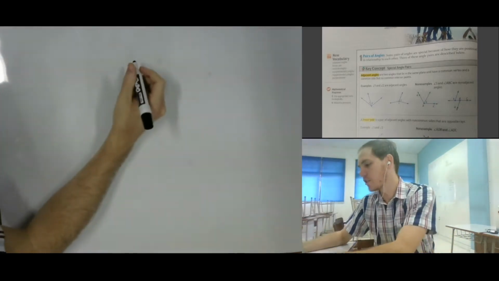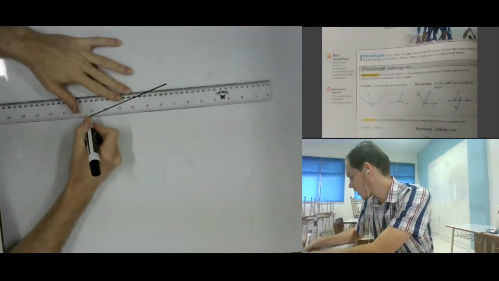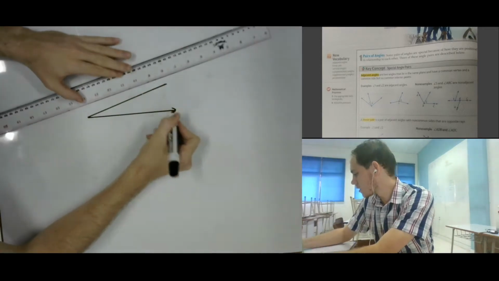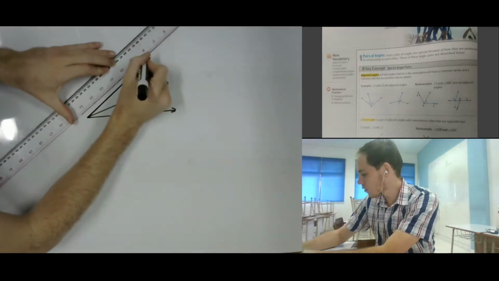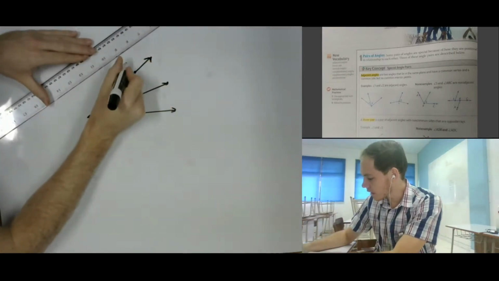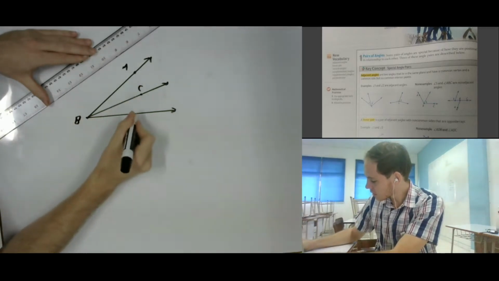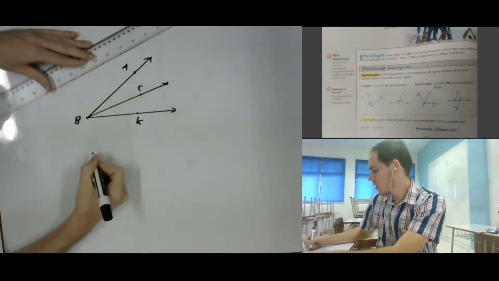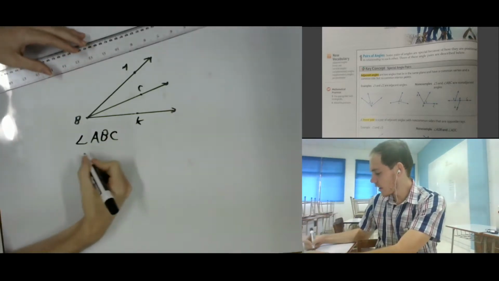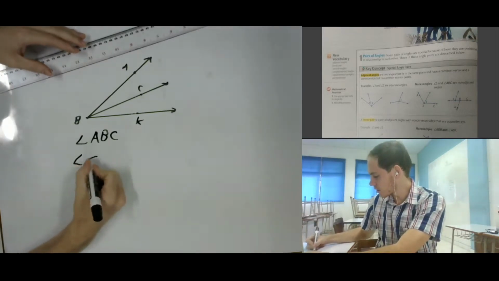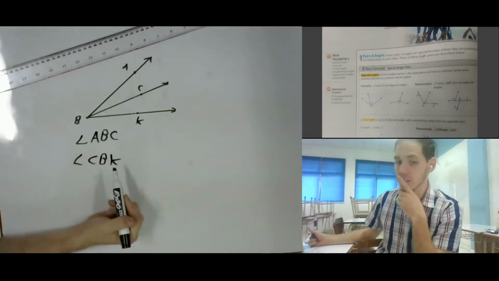So if you're drawing something like this, okay, and I draw one more. If I put points A, B, C, and K, then angle ABC and angle CBK, they are adjacent angles.